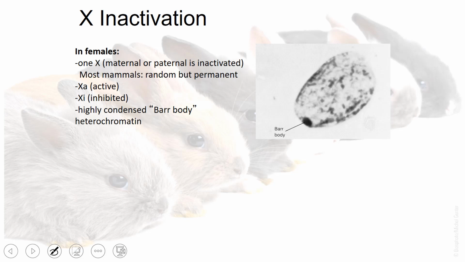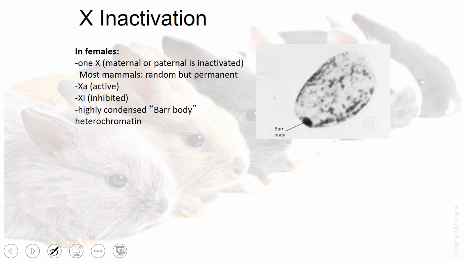So X inactivation is the inactivation of one of those. We've got a dosage issue in mammals. Females have 2 X chromosomes, and one of them needs to be inactivated. This is random. As far as in an early cell, which one gets inactivated is random, but every cell that descends from that inherits the particular X chromosome that is deactivated.